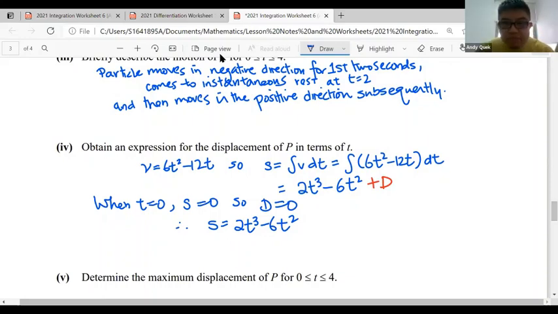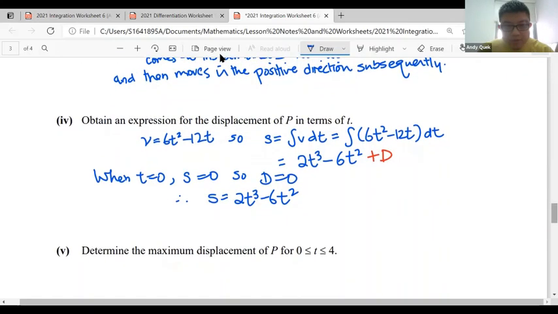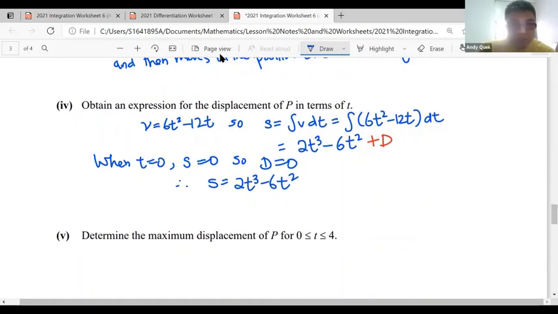What is the maximum displacement? So you can look at two specific points, right? When the velocity is zero, meaning to say S is maximum when ds/dt, which is v, equals 0.